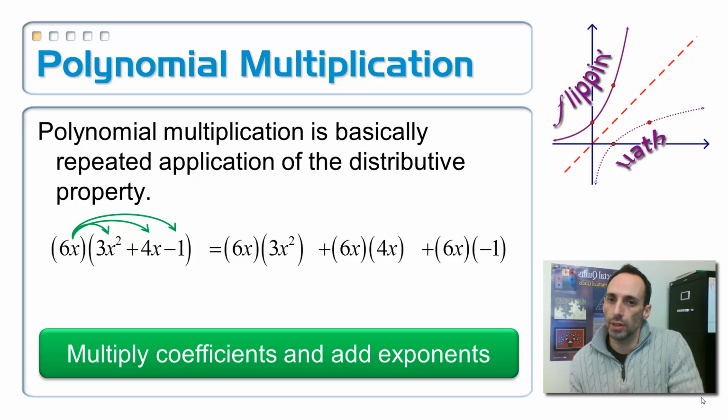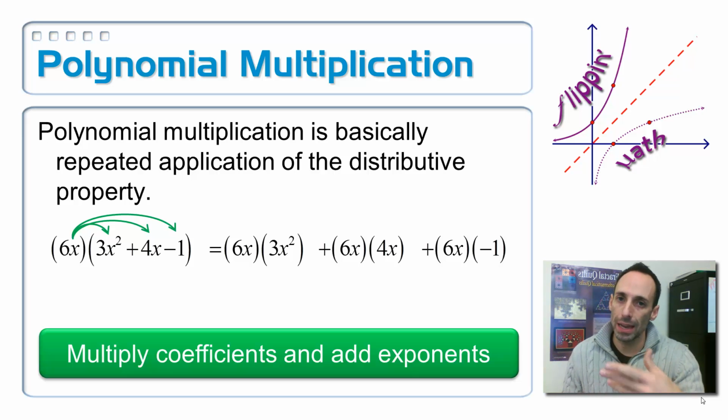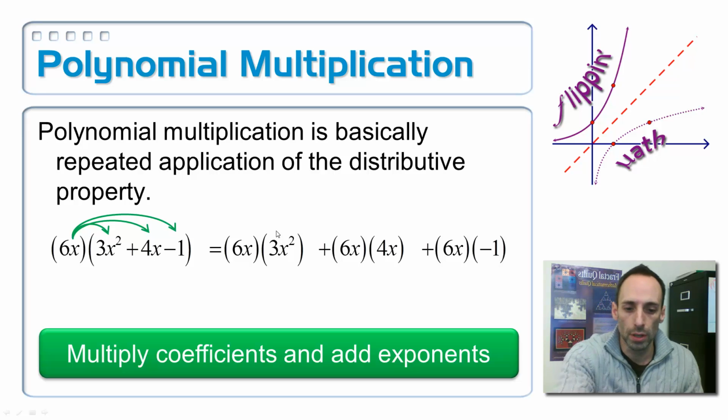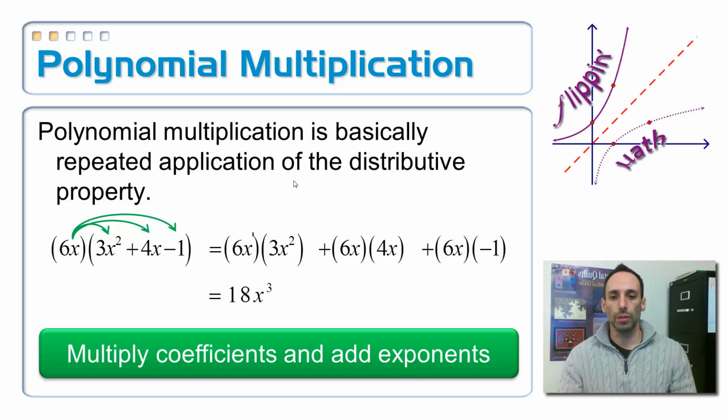Now think about the last lesson. Like bases, what do I do with the exponents when I multiply? I add them. So whenever I do this first multiplication, the 6 times the 3 is 18, but x times x squared, remember x is the same thing as x to the 1, so 1 plus 2, it's going to be to the third power, so 18x to the third.